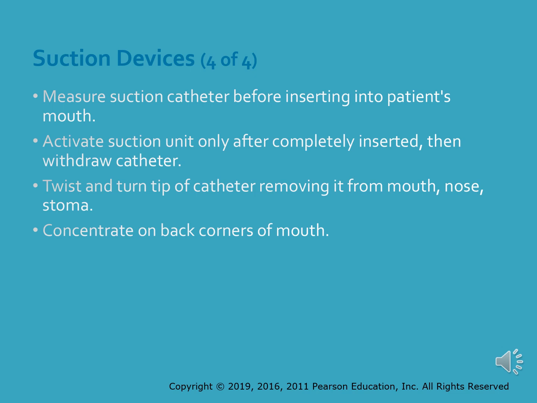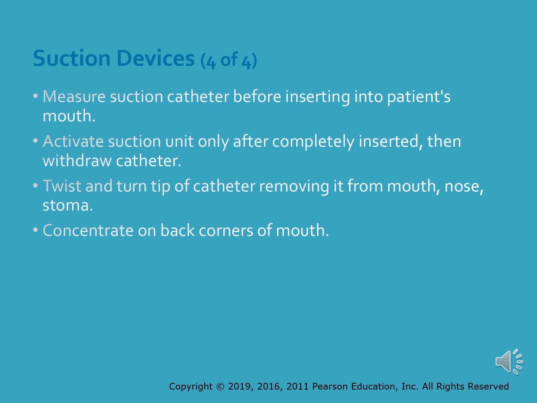You want to measure the suction catheter prior to insertion. Activate the suction unit only after it is completely inserted and as you withdraw the catheter. Twist and turn the tip of the catheter as you remove it to minimize the chance it will become stuck on the soft tissue lining of the mouth and nose. When suctioning the mouth, concentrate on the back corners of the mouth where the most fluid tends to accumulate.